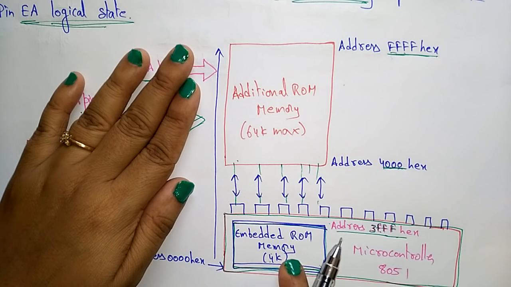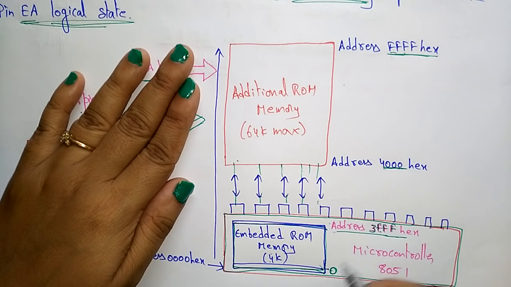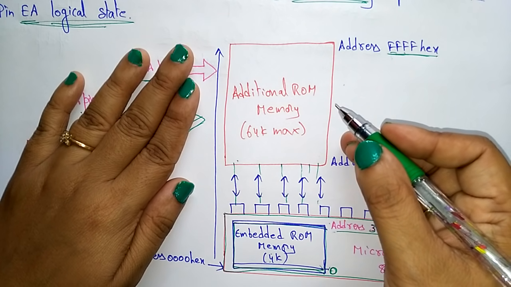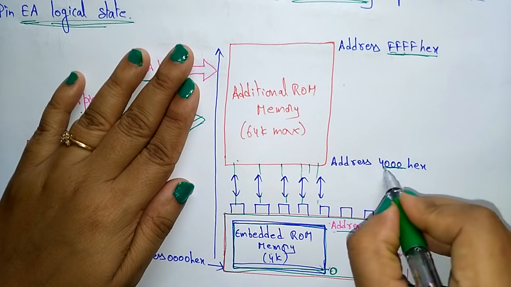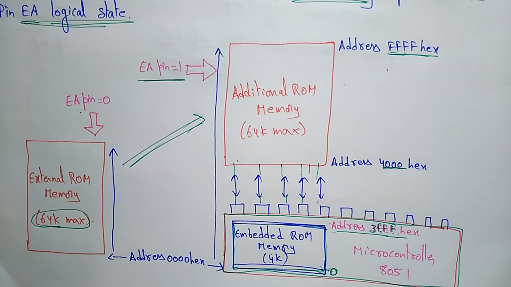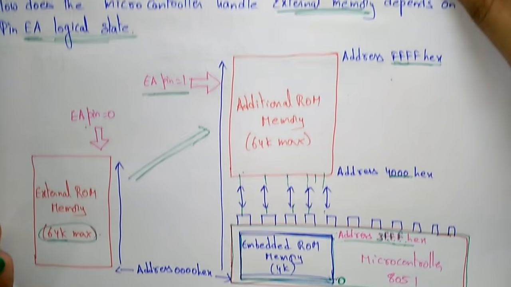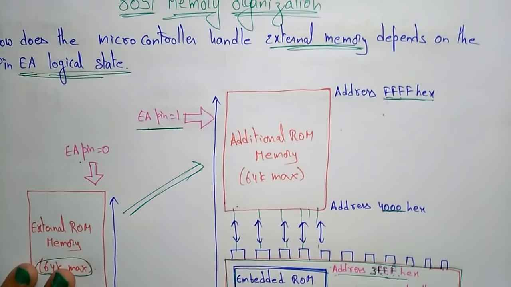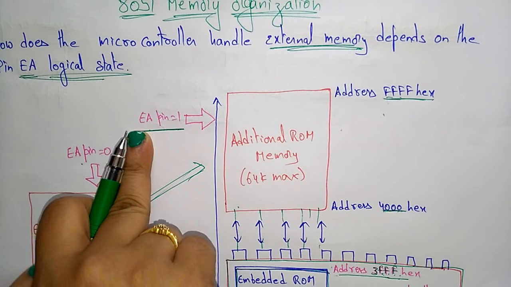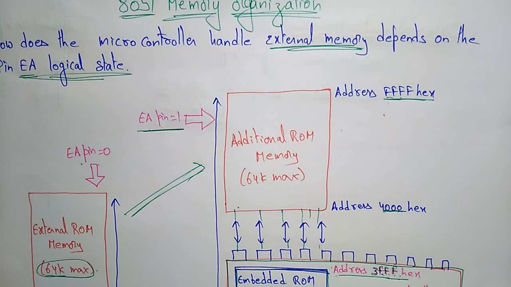Okay, so now the on-chip ROM will be from 0 to 3FF, and the external additional ROM will start from 4000 to FFFF hexa value. So this is the representation of memory organization. Inbuilt, you are having the on-chip ROM, and if you want to add external memory, then you can add by making external access pin enable. Thank you.